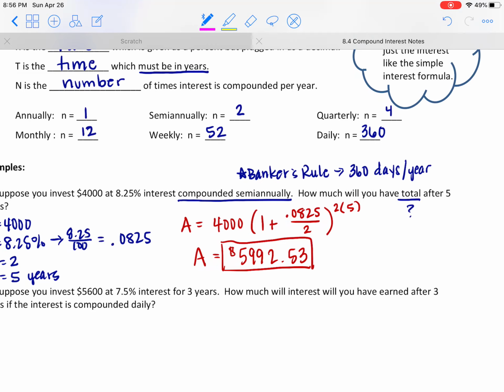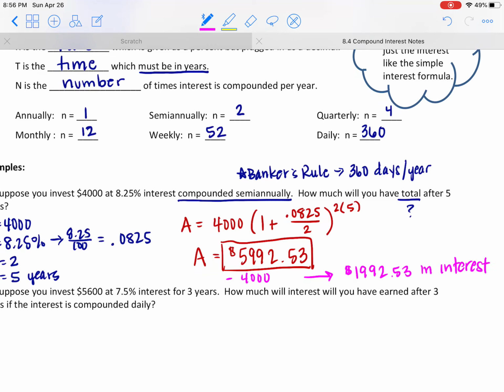Now, just because I know you're going to see it in MATLAB, what if I asked you how much interest was earned? How would we calculate the interest? Well, if we invested $4,000 and we ended up with $5,992.53, that difference there is the interest.